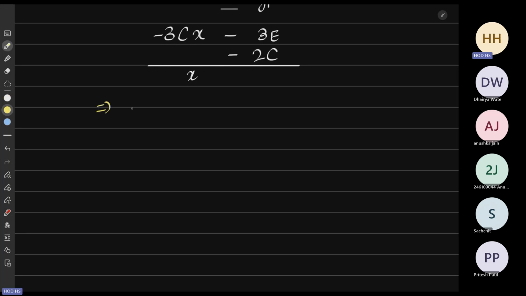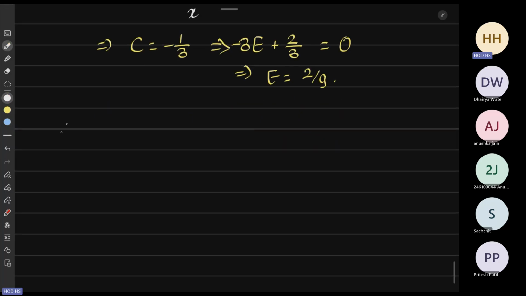So this will imply the value of c as again minus 1 by 3, and this will again imply minus 3e plus 2 by 3 should be 0, which will give me the value of e as 2 by 9. So therefore, my particular integral 2 is minus 1 by 3x plus 2 by 9.